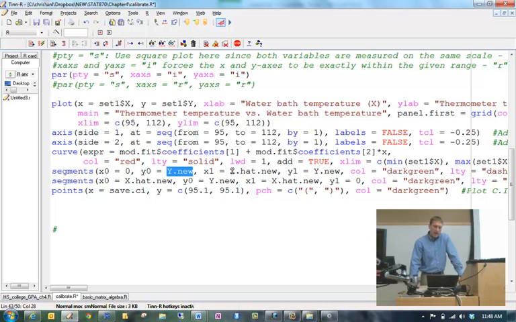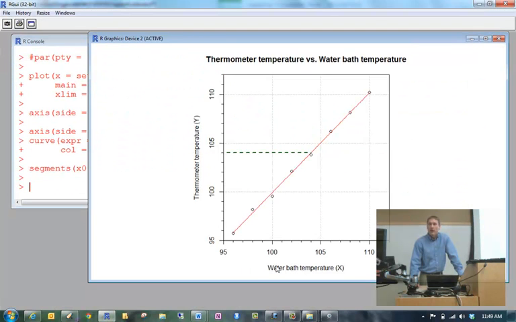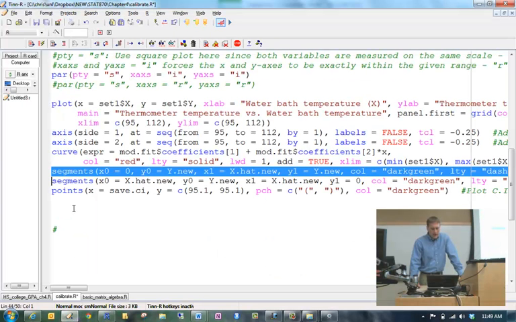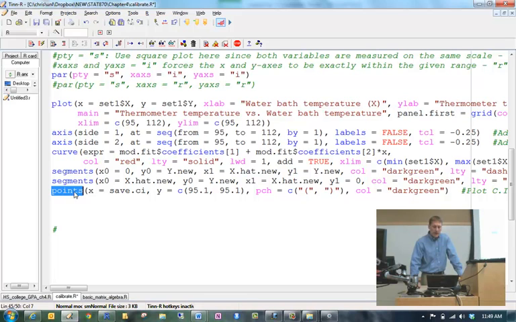I want to draw that line segment to 103.99, the predicted value, and the y-axis value will still be 104. I'm going to make it a dark green line, and there you see the line drawn. So the second segments call draws the line down, and then lastly, to get the confidence intervals drawn on the plot, I use the points function. This allows me to simply draw new points on the plot.